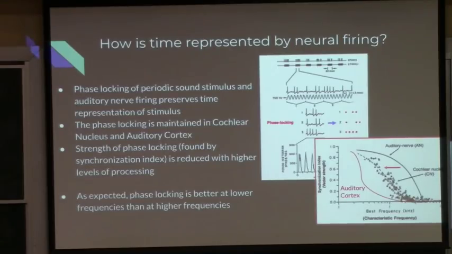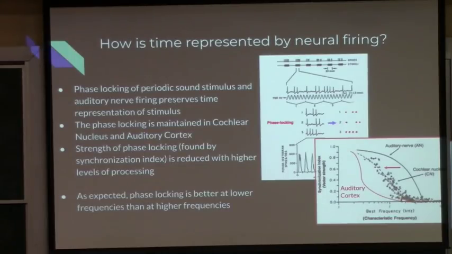I think it's because at the earlier levels of processing, when it initially hits your ear, you need the stimulus coded properly, and that's why you're phase locking.